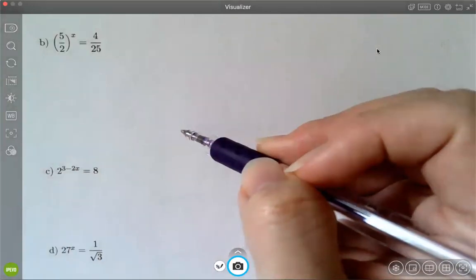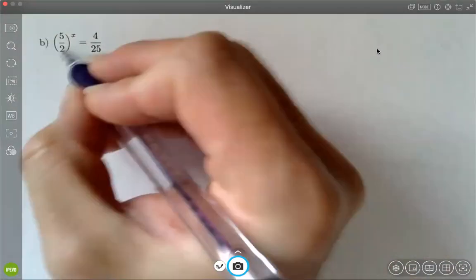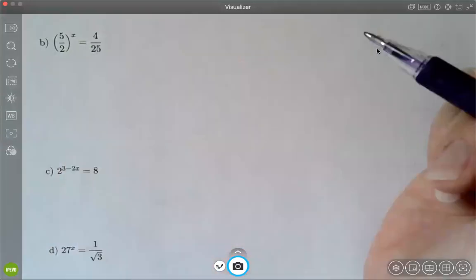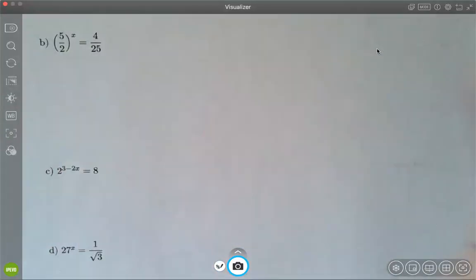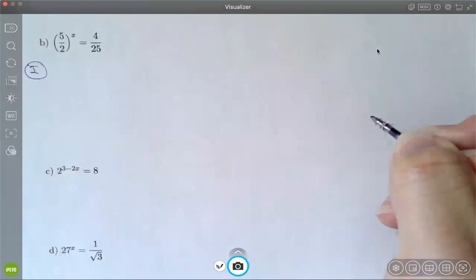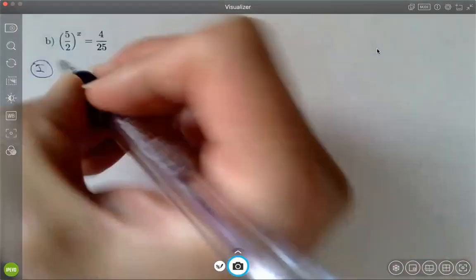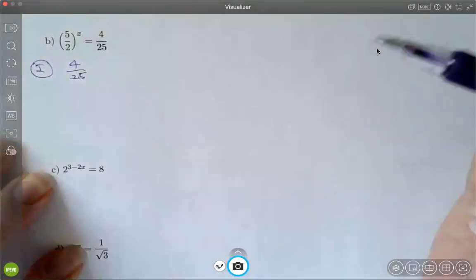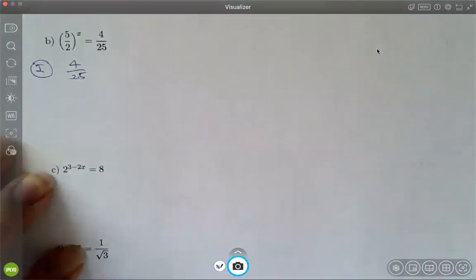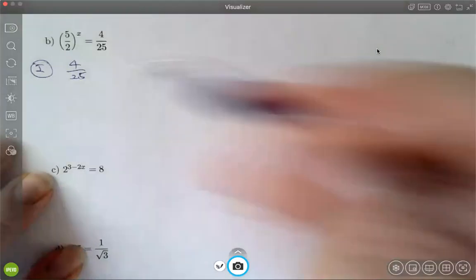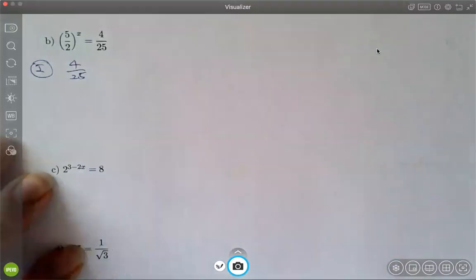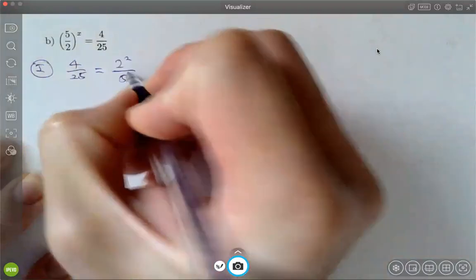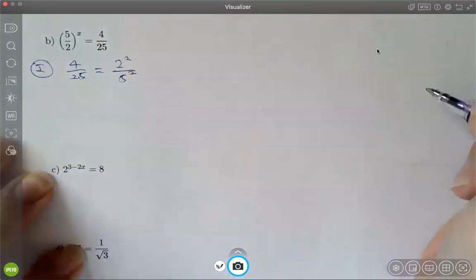Apparently 4 and 2 seem to be related, and 5 and 25 seem to be related, right? So the first step is, let's try to write 4 over 25 in terms of 5 and 2. 4 is 2 squared and 25 is 5 squared, right?